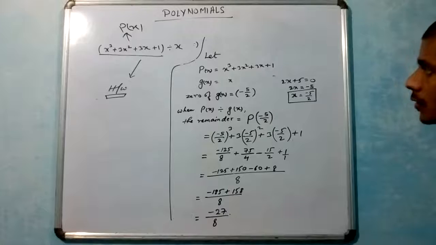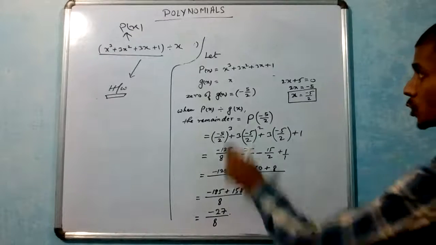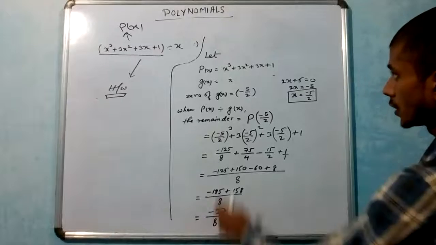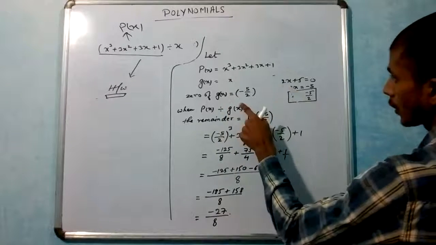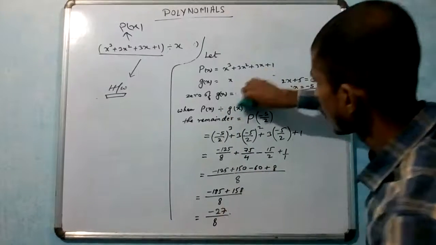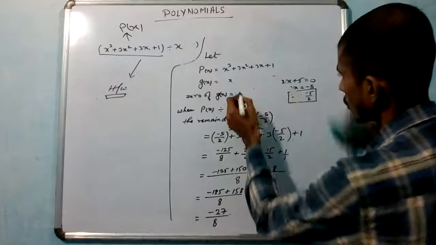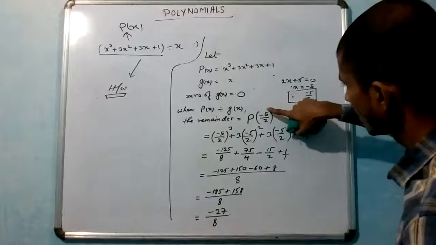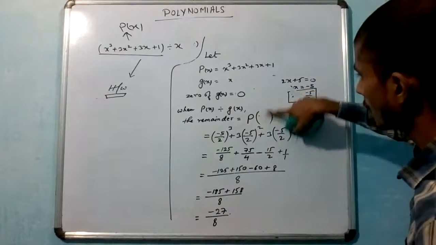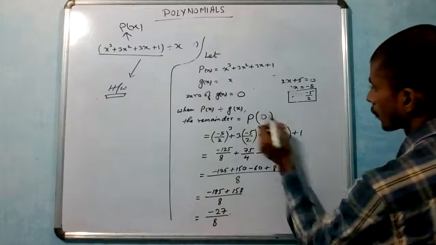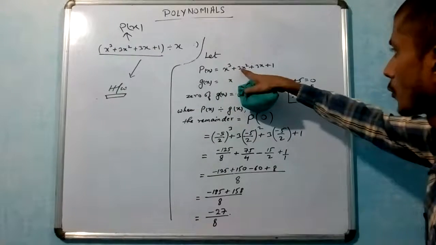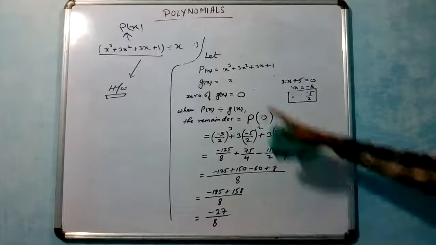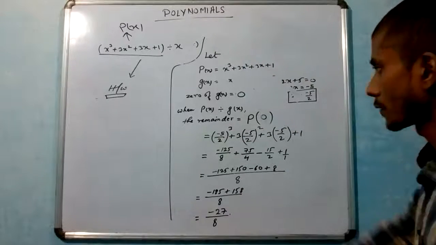What should I substitute in place of x so that this complete becomes 0? 0 only. So the 0 of gx is 0. And here what we have to find? P of 0. In all places we have to replace the x by 0, and then simplify to get the value.